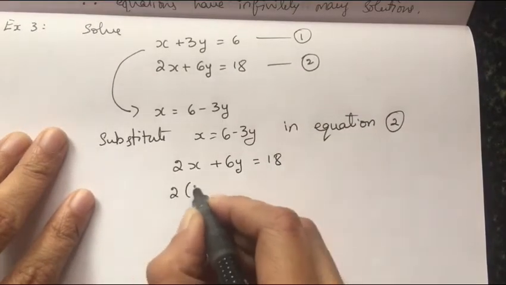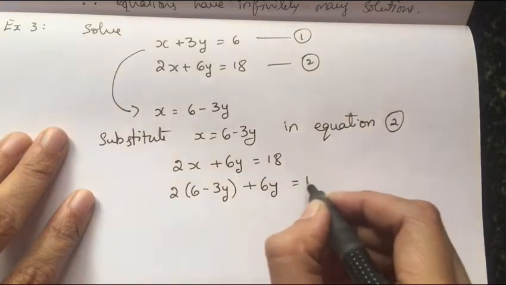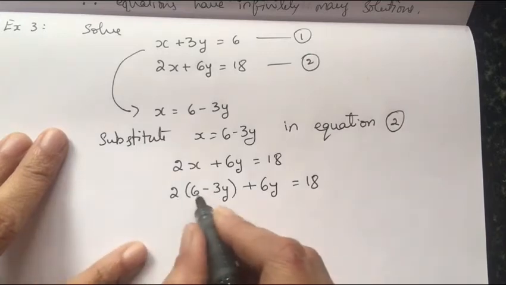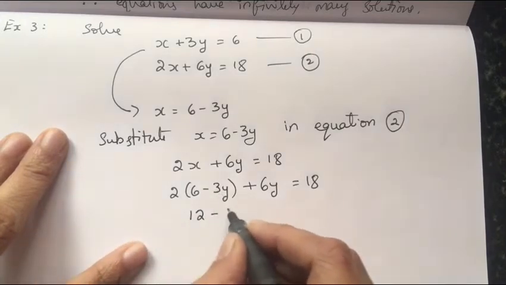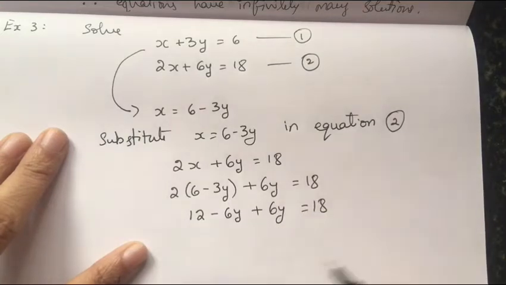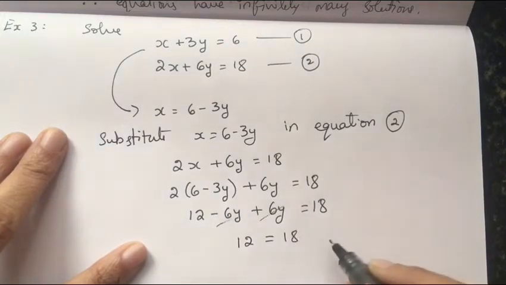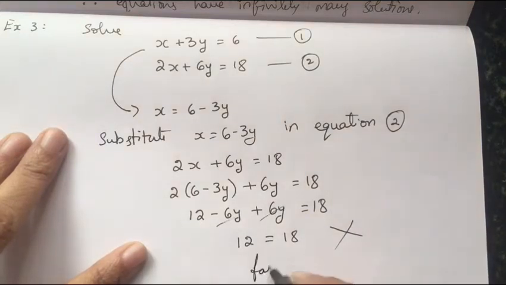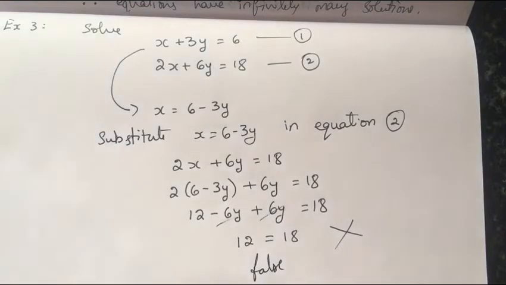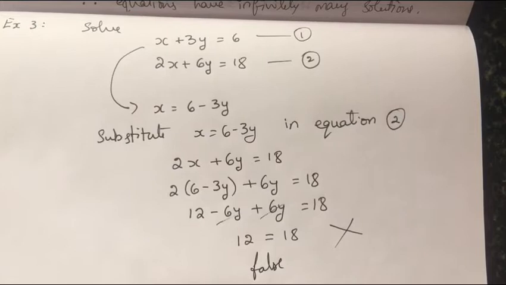For x, I'm writing 6 minus 3y, plus 6y equal to 18, and 2 into 6 is 12, minus 6y plus 6y equal to 18, and the 6y will get cancelled, right? I'm getting 12 equal to 18. Is it true? No, right? This is false. So you can say that the two equations have no solution.